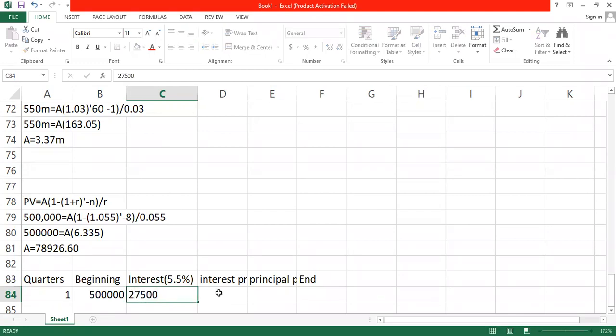Okay. So how much are we paying? We are paying 78,926.66, isn't it? Yes. So we are going to pay all the interest amount.